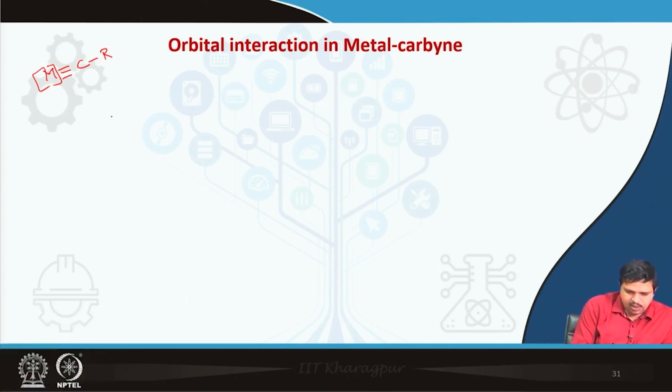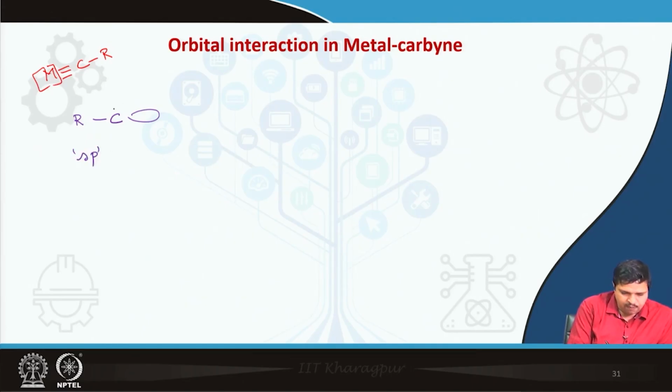Let's draw it together, then you will understand. This is the metal carbyne fragment. You understand this is an sp hybridized carbon center.